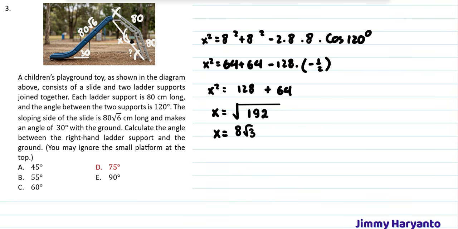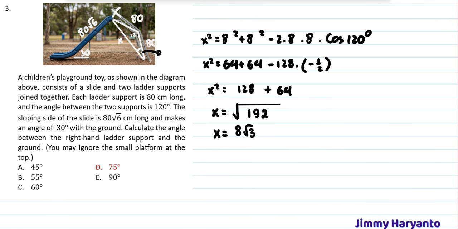Next, we don't need these triangles anymore. Oh wait, actually we still need that triangle to find this angle. Yeah, so we have 120 right here. This one is 120. Oh my god, so hard.